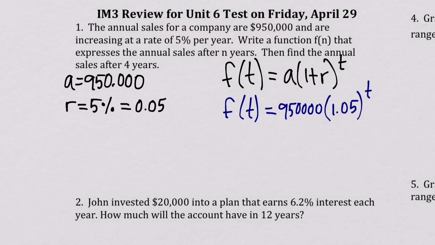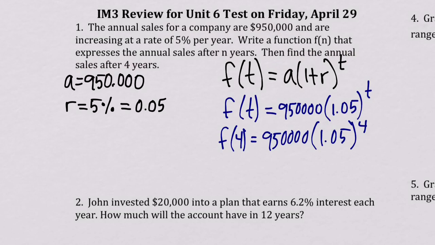And then you can answer the question by plugging in what they tell you. It says find the annual sales after 4 years. So plug in 4 for t to solve it. So that's what I'm going to do now. I'm going to plug in 4 for t, which basically means that I'm finding what f of 4 is. 950,000 times 1.05 to the power of 4. And at that point, you basically use your calculator.